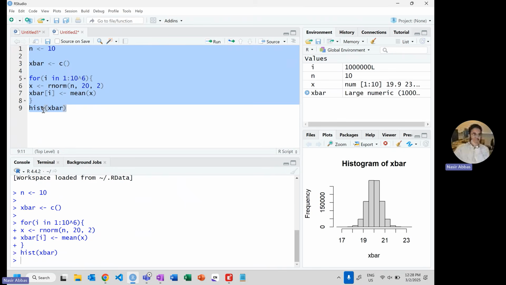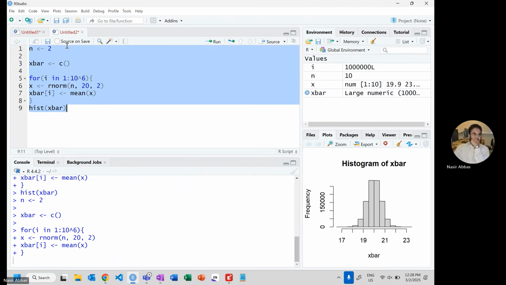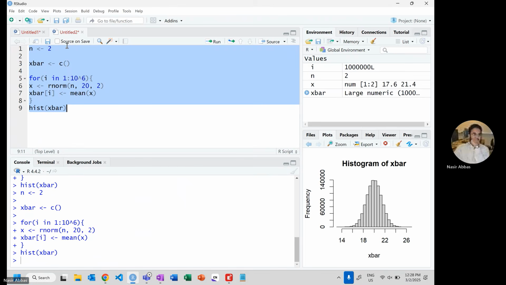Now look at the histogram. Is it bell-shaped? Yes, it is bell-shaped. What was the sample size? It was 10. Even if the sample size is 2, this will be bell-shaped. Why? Because X is exactly normal. Result 1 is exact.